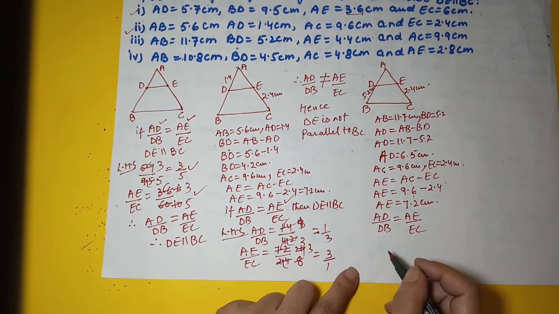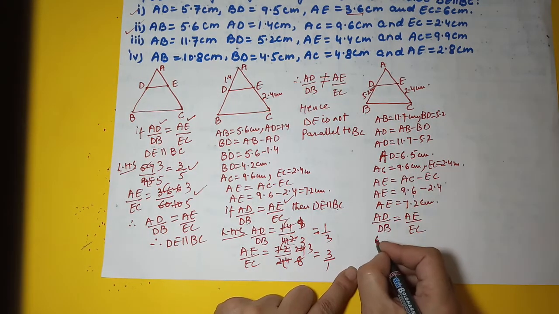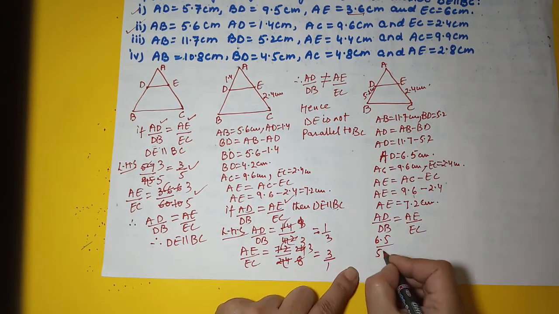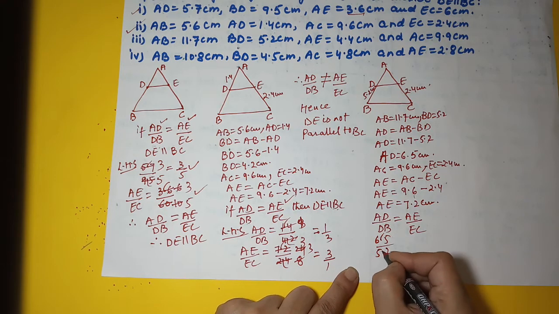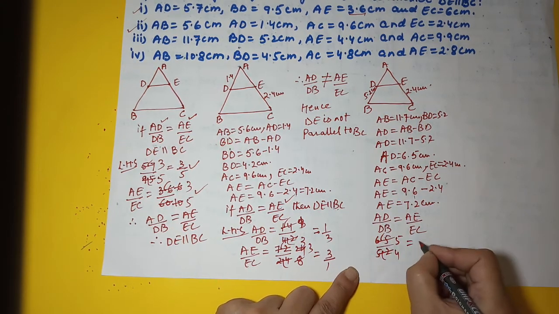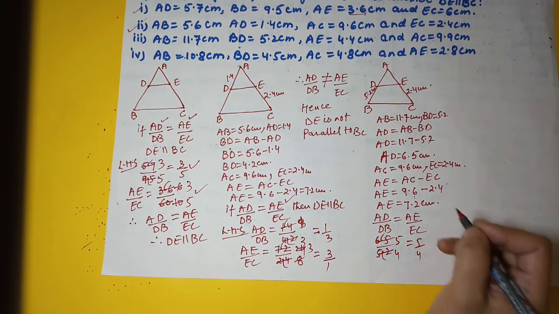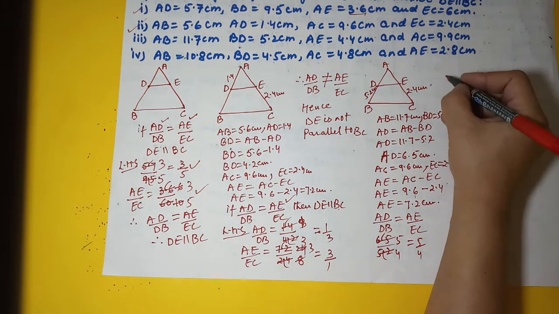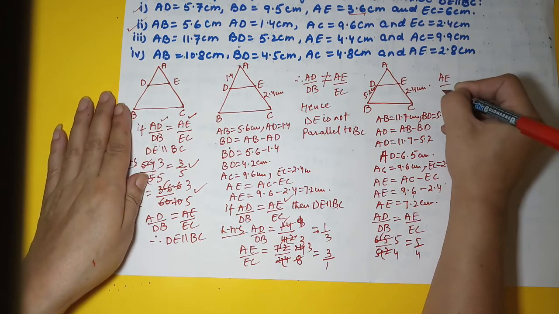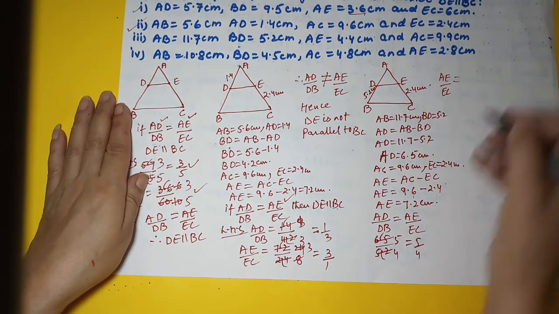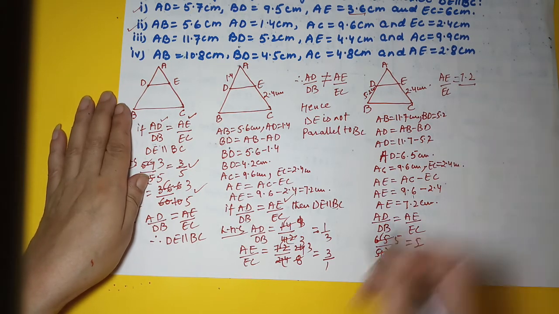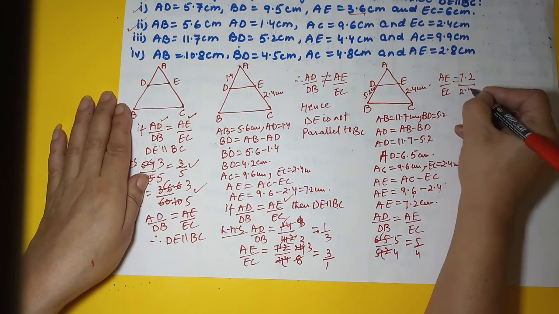Fine. What is my AD? 6.5. And what is my DB? 5.2. This and this will go. 13 5s are, 13 4s are. So I got this as 5 by 4. Right? Then I have to check for AE by EC. What is my AE? 7.2 upon what is my EC? 2.4.